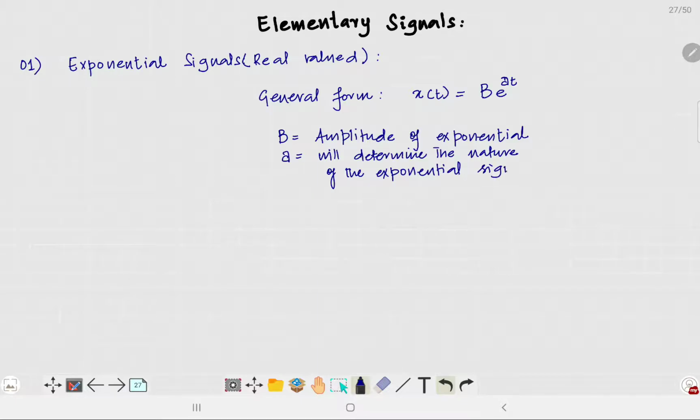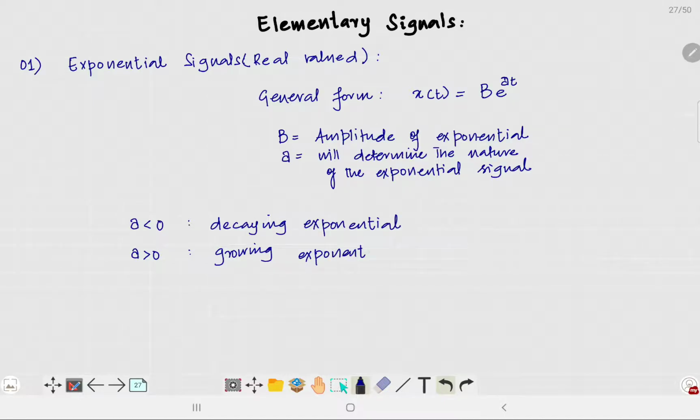If the parameter a has a value less than 0, meaning it is negative, then we will have a decaying exponential. That is an exponential signal whose value decreases exponentially with respect to time. And if we have positive values of a, that is a greater than 0, then we'll have a growing exponential, which increases in value as time passes.